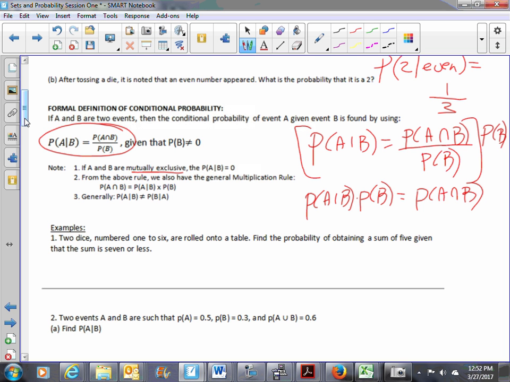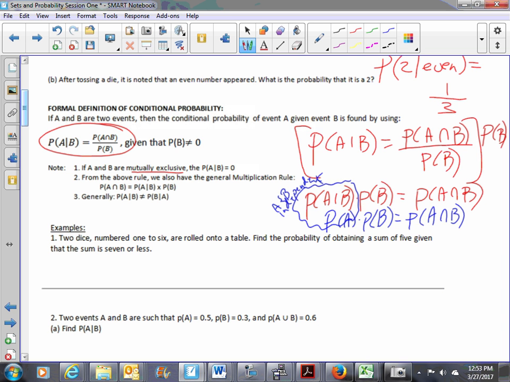Now, I'm going to mention one other thing here also. Remember we were talking earlier about independent events. If A and B are independent, then the probability of A given B is the same thing as the probability of A. This is something that a lot of places will teach as a test for independence.